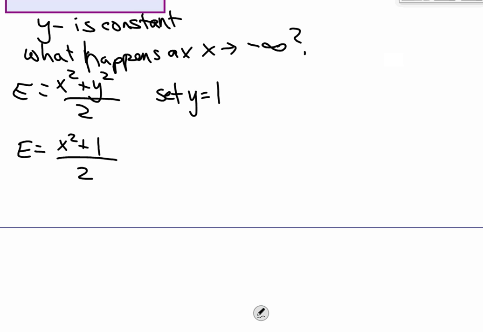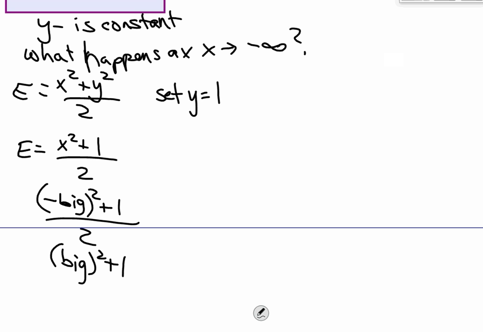Positive infinity. If this is super negative, I'm squaring it, and so it becomes positive. When I take a big negative and square it and add 1 and divide by 2, it's going to be the same as a big number squared added to 1 and divided by 2. Even though I'm dividing by 2, as it gets super big, things are still going to be getting bigger and bigger.